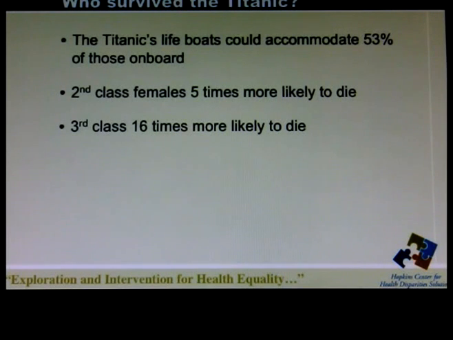There was only enough lifeboat space to accommodate 53% of the souls on board, and when it comes to scarce resources, who you are determines who gets access to what. An even better analogy of the U.S. healthcare system. So now, okay, that was 100 years ago, April 15th, 1911.